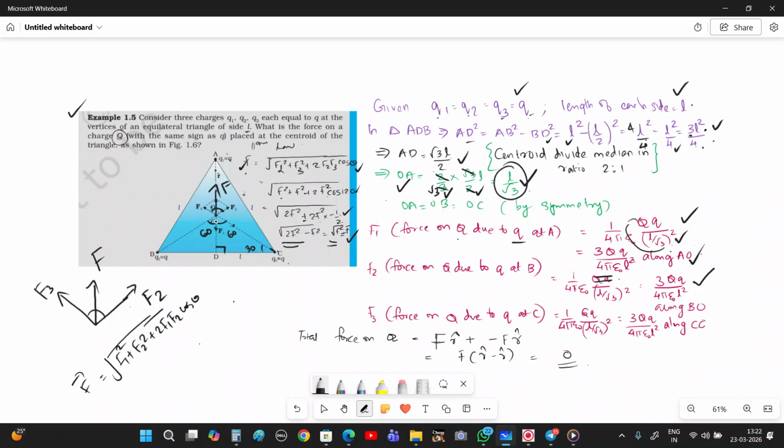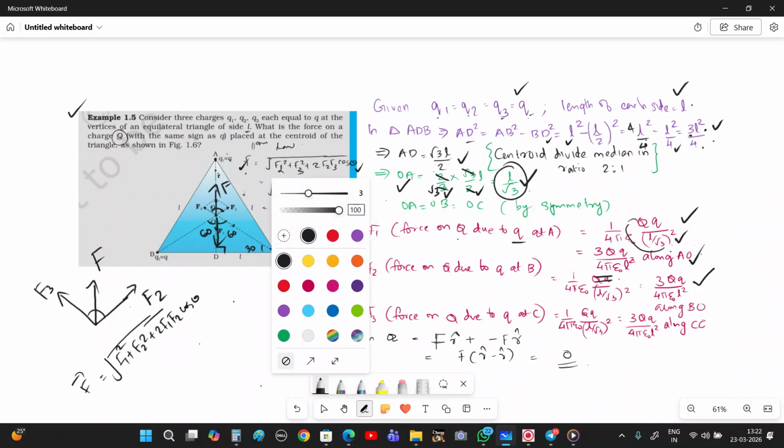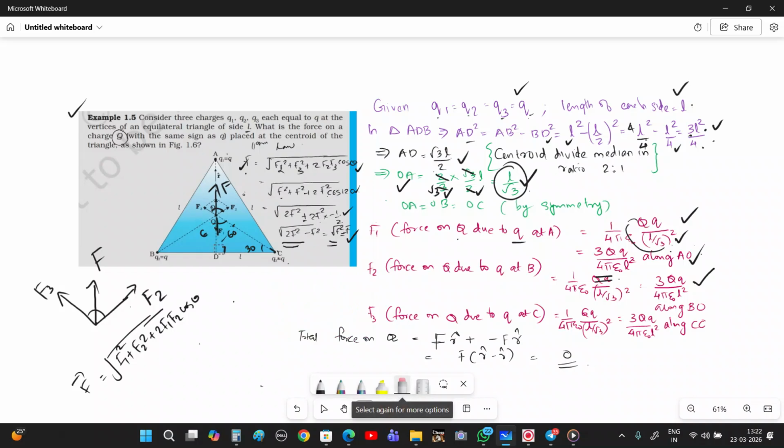Okay. You already have another force F in the downward direction in the previous step, right? So what is the total force on Q then? The total force at that centroid O will be along this direction. This direction is marked as R cap in your book. So F R cap in the top direction, and in the bottom direction the next force is also F, but the direction is opposite, so you can write it as minus F R cap.